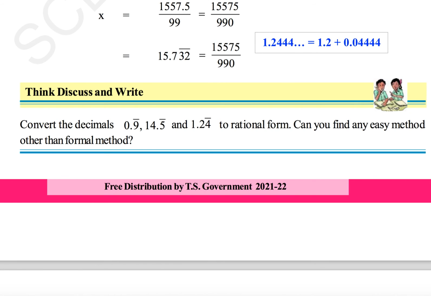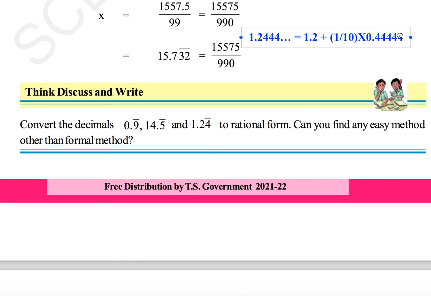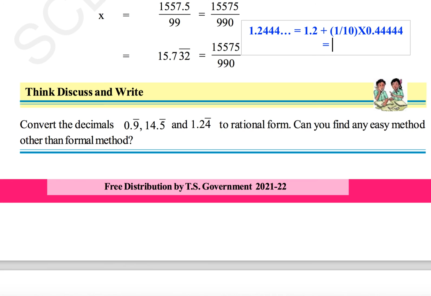Okay, 0.4444 can be written as 0.444 divided by 10, that is 1 by 10 into 4 by 9.